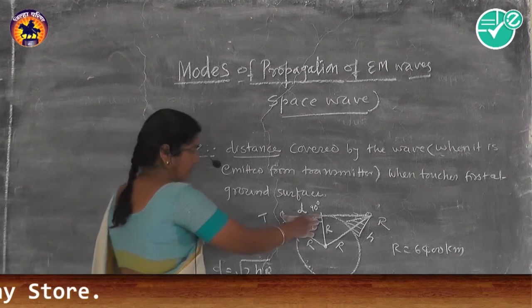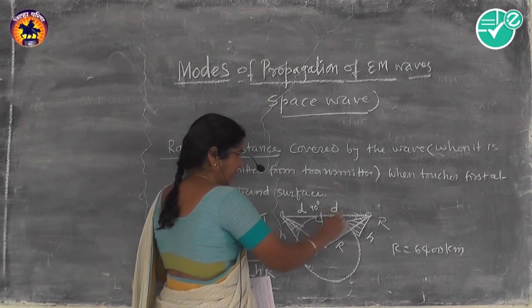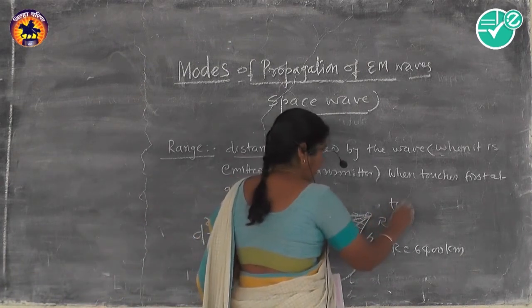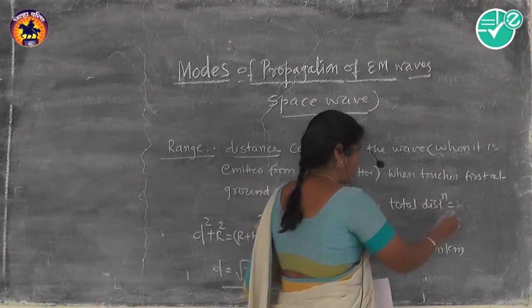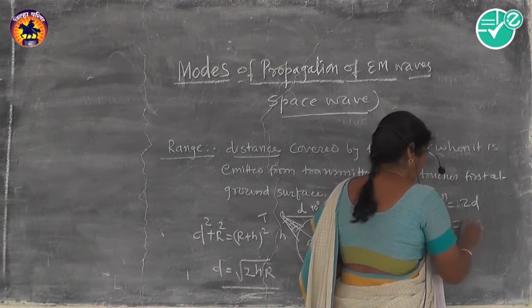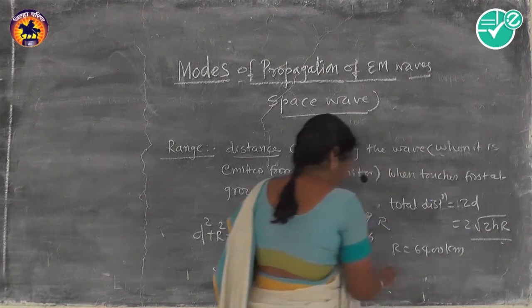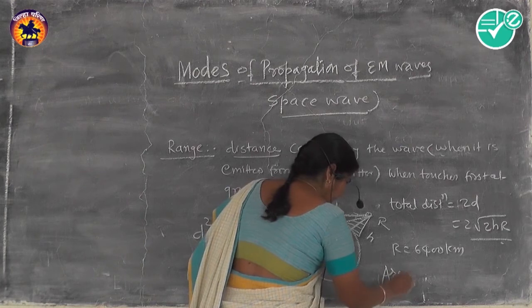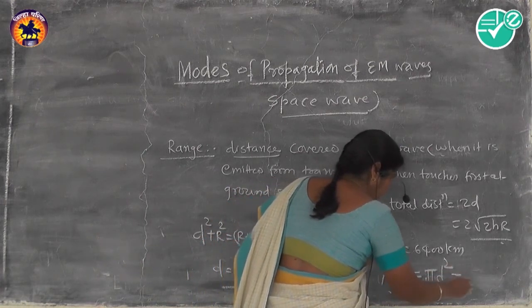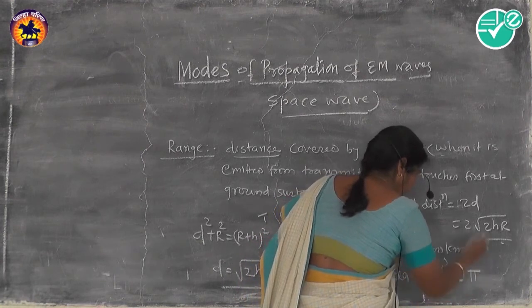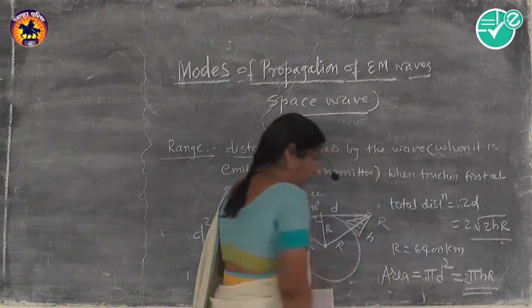D plus D is the total distance covered during space wave propagation, which is 2d, or 2 times the square root of 2hr. The area covered during this propagation is pi d square, or pi times 2hr.